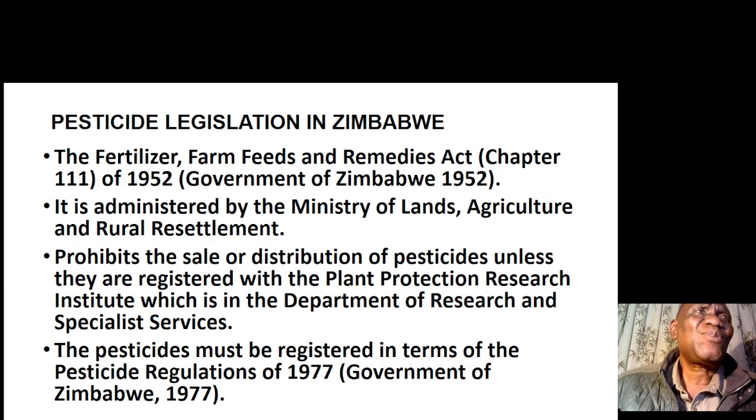We have what is known as the Fertilizer, Farm Feeds and Remedies Act, Chapter 11 of 1952, Government of Zimbabwe, 1952. This act is administered by the Ministry of Lands, Agriculture and Rural Resettlement. Maybe they've changed the names.